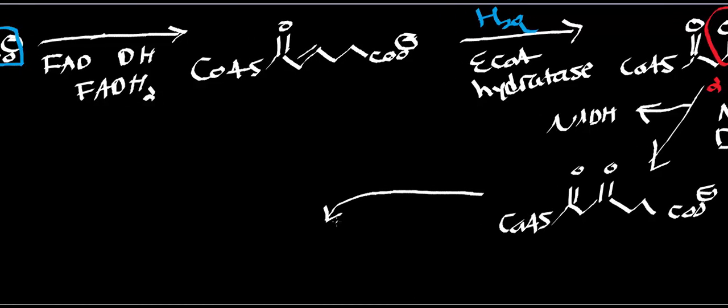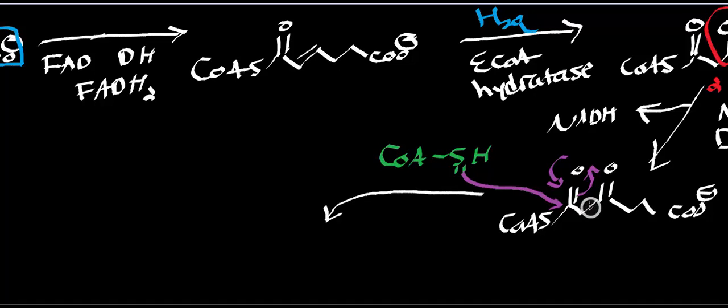Then we're going to have a reaction that we've seen many, many times. So I'm going to do this in green. We're going to have a coenzyme A, and recall that the coenzyme A has that lone pair on the thiol. Essentially, the lone pair is going to come over and do a nucleophilic attack on this carbon. Well, actually, excuse me, let me regroup.